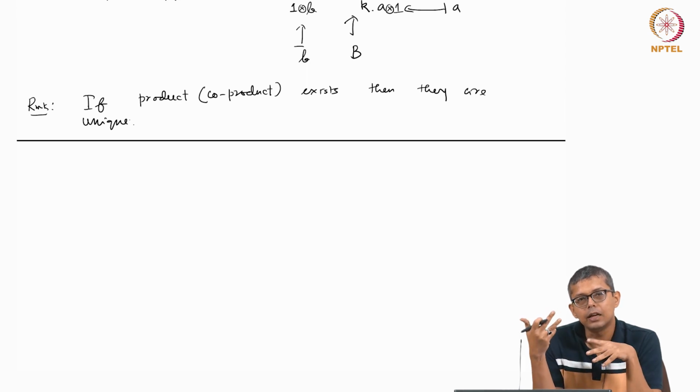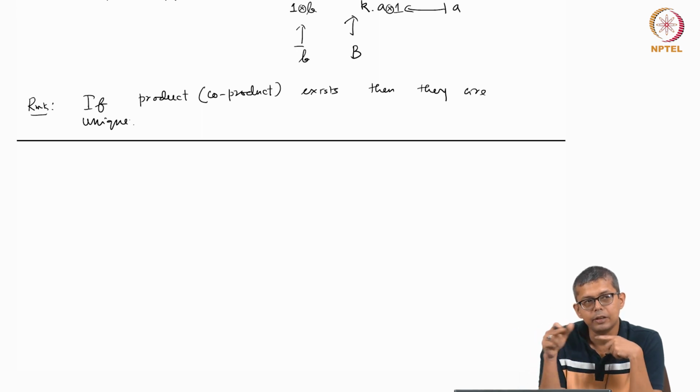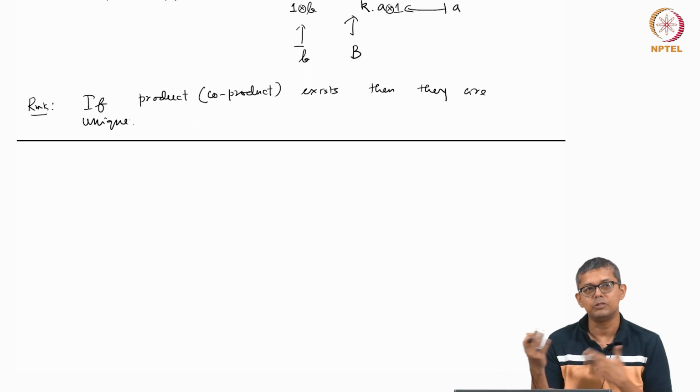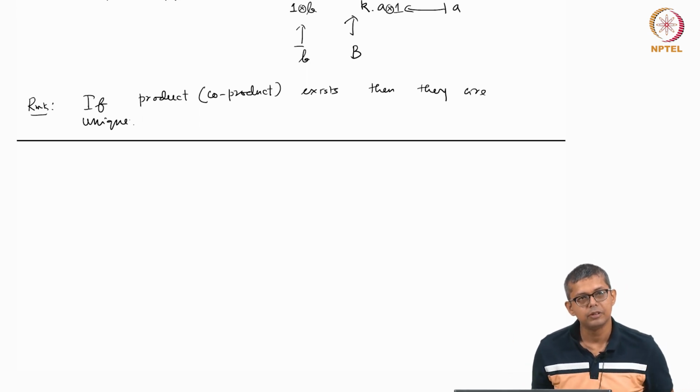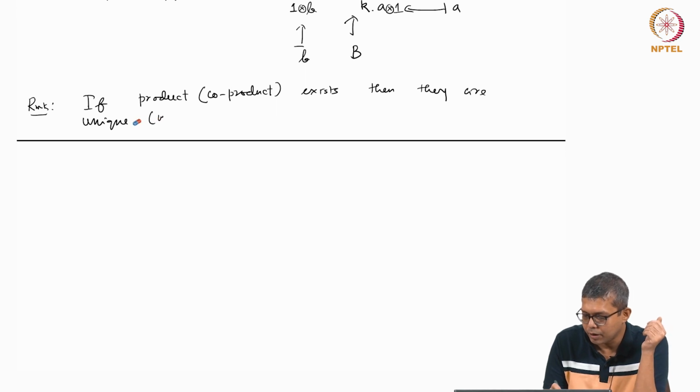So in some sense, they are canonically defined. If you have two objects and a unique isomorphism, you really don't have to worry about which isomorphism you are choosing. So it is unique up to unique isomorphism.